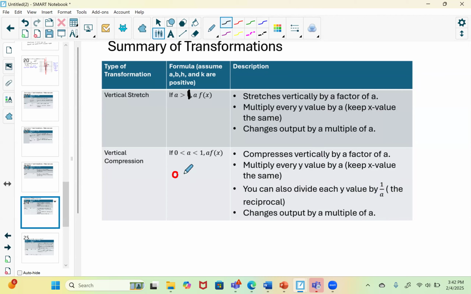For example, if a is 1/2, then 1 divided by 1/2 is really just 2, so it might be easier to think of dividing by 2 instead of multiplying by 1/2. Multiplying by 1/2 might make sense, but it's often easier to divide by 3 than multiply by 1/3. It changes the output by a multiple of a.